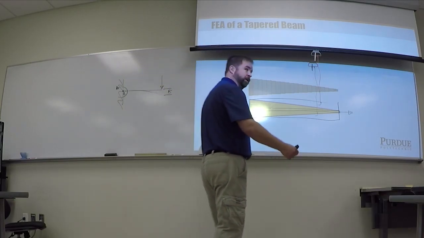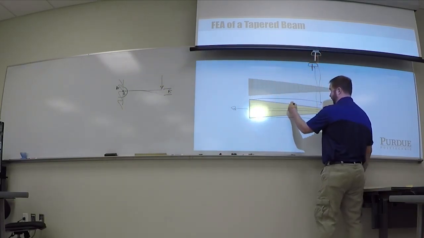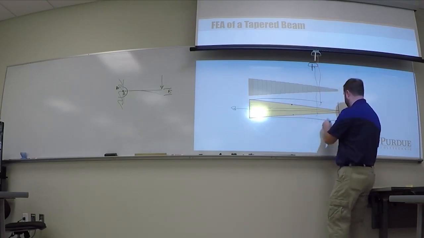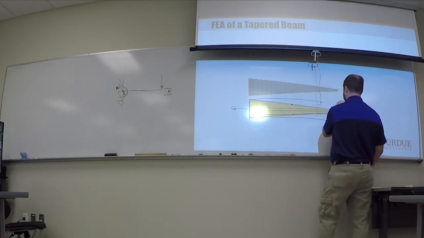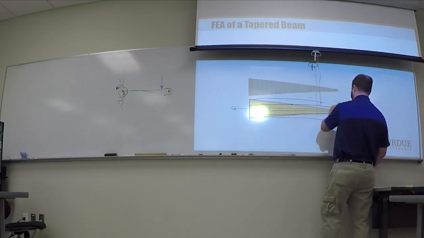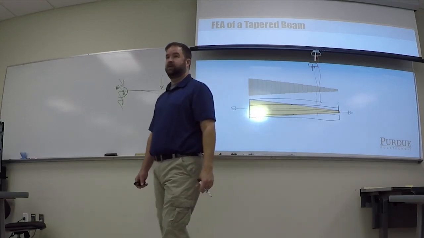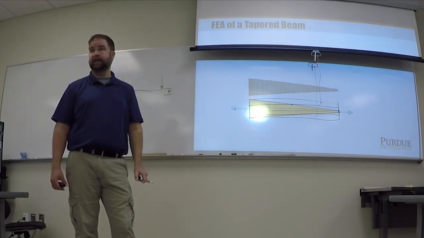Or as Jake, I think, started to say, I could use the average width and draw a rectangle that is the average width of the whole thing, right? And that would probably get us closest to what the right answer would be, right?